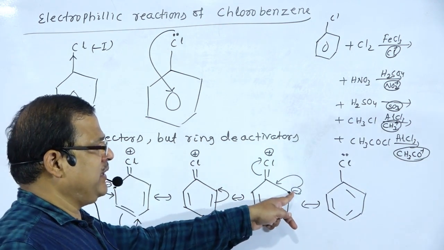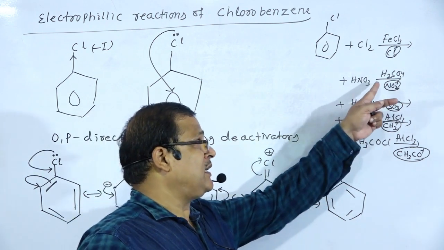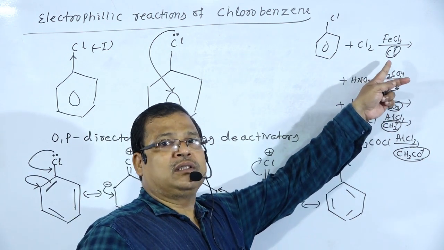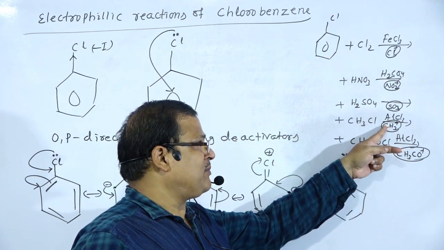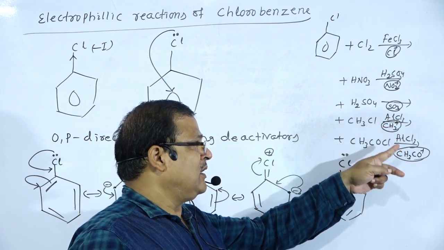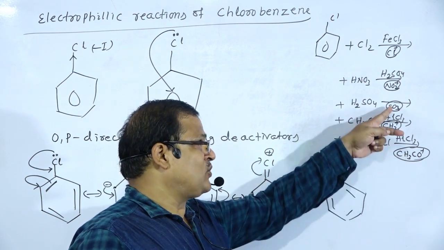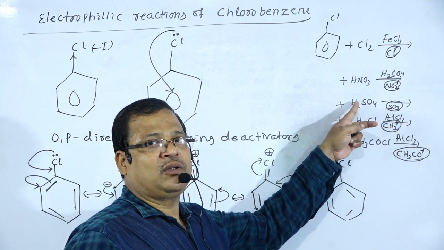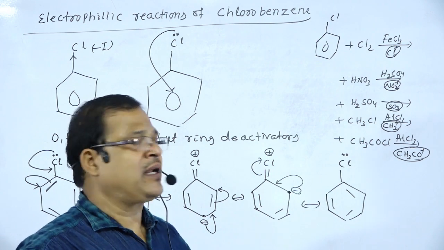The electrophile NO2 plus in nitration, Cl plus in chlorination, CH3 plus in Friedel-Crafts alkylation, CH3CO plus in Friedel-Crafts acylation, or SO3 in sulfonation will be directed to enter at the ortho and para positions.